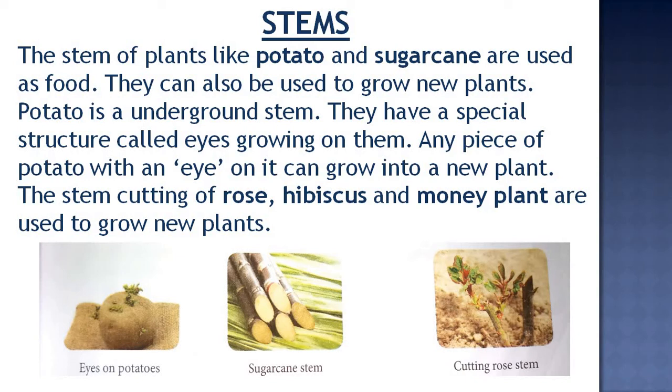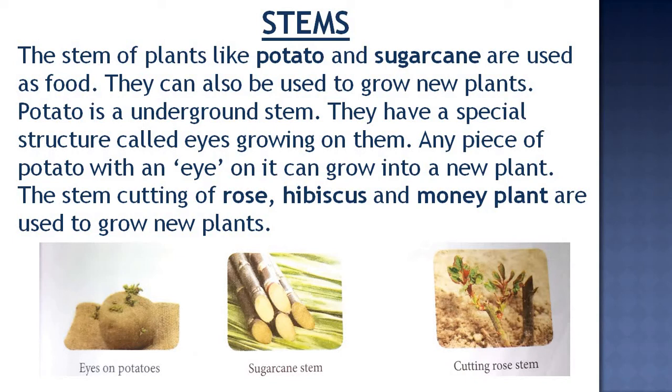That is actually the bud which has the small plant in it. And when we cut a piece of potato with an eye in it and put it in the soil, you will find that part of the potato will grow into a new plant. So this is the method of reproducing their young ones by stem.